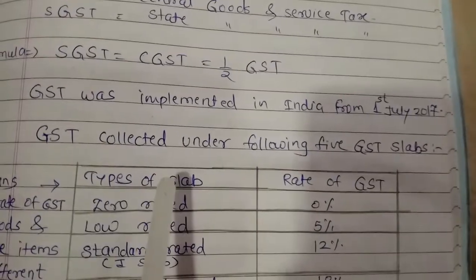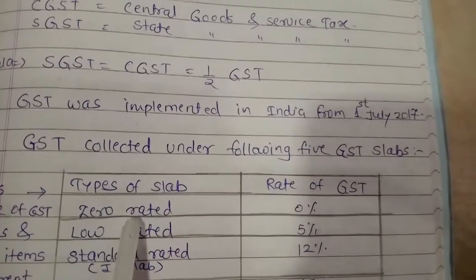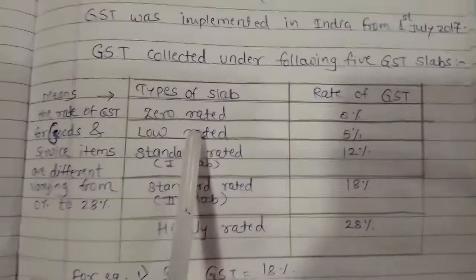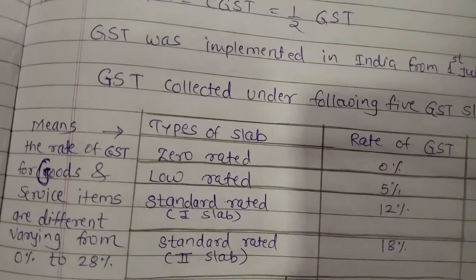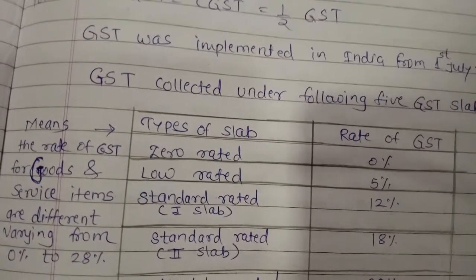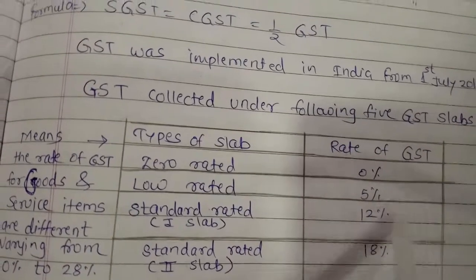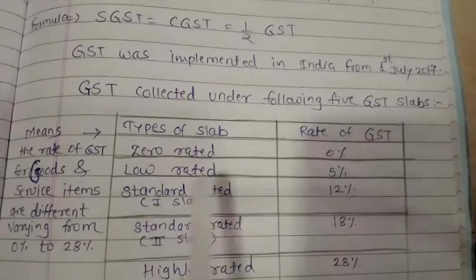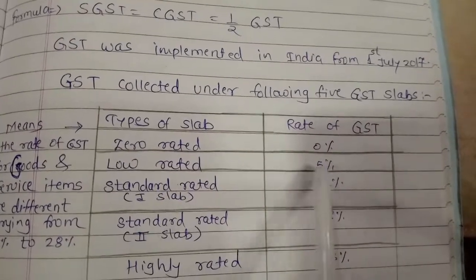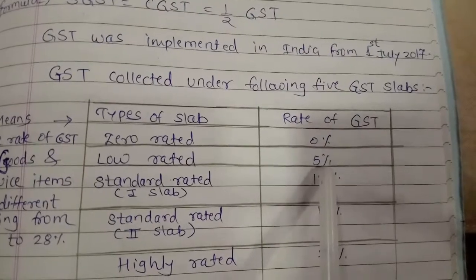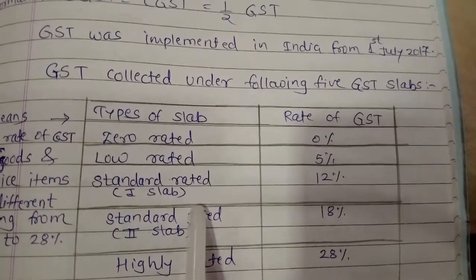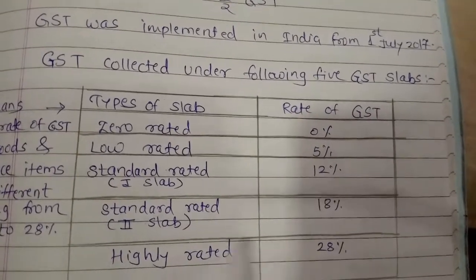Now the GST is collected under 5 GST slabs. So there are different slabs. What is the meaning of these slabs? It means the rate of GST for goods and service items are different, varying from 0% to 28%. See the slabs. For zero rated, the rate of GST is 0%. Low rated, it is 5%. Standard rated, that is the first slab, is 12%.